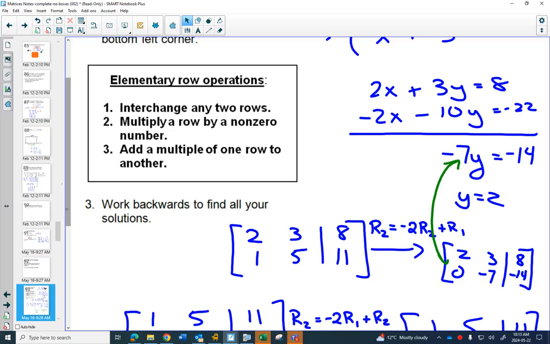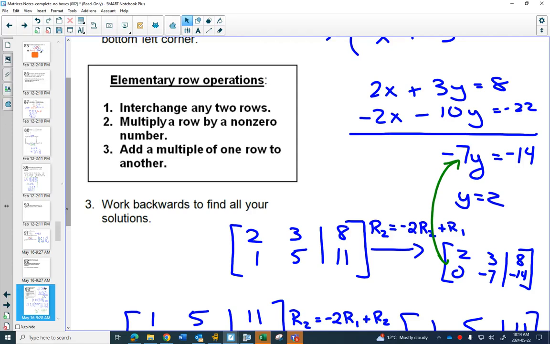So I'm going to reduce row 2 and rewrite row 2 as -2 row 2's plus a row 1. Because I'm allowed to multiply by any non-zero number, and I'm allowed to add or subtract any rows that I want.